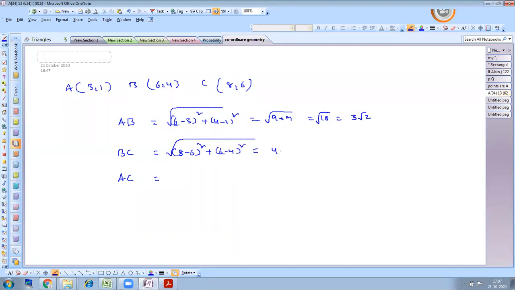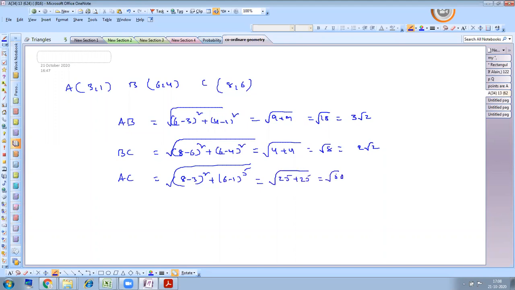That is 4 plus 4, root 8, so 2 root 2. AC is root of (8 minus 3) whole square plus (6 minus 1) whole square. That is 25 plus 25, root 50, so 5 root 2.